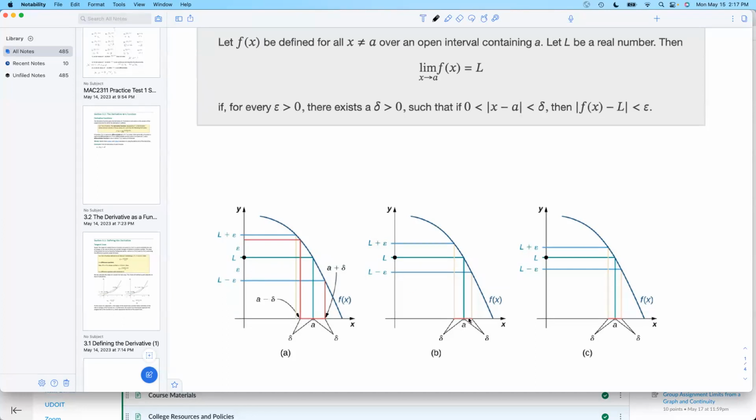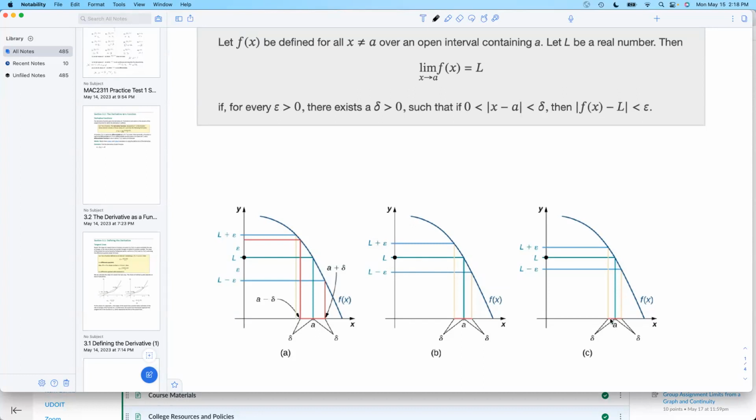So here would be this delta based on that epsilon, that distance. All of these x values, when I plug them in the function, spit out y values that live in that window you chose. And then you go, well, all right, I got you now. I'm going to pick a smaller epsilon. And then I go, okay, that's all right.